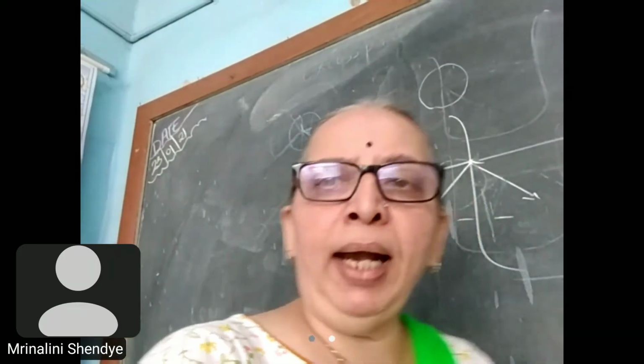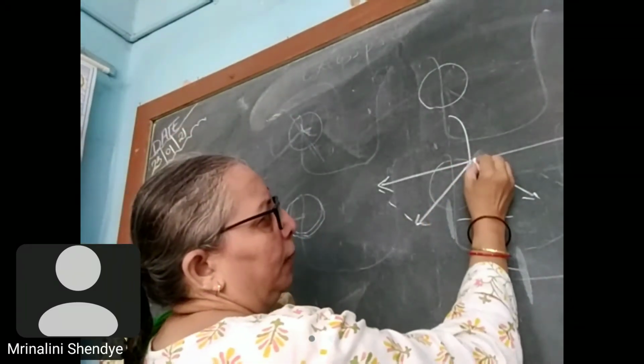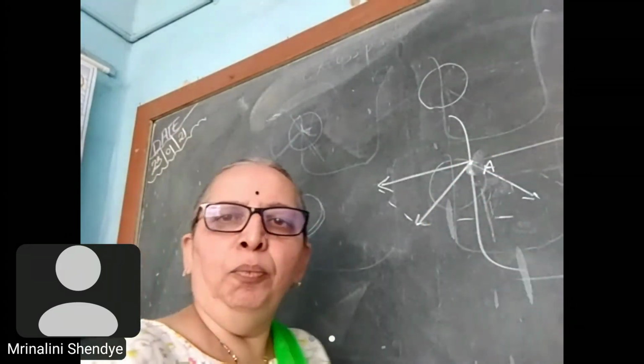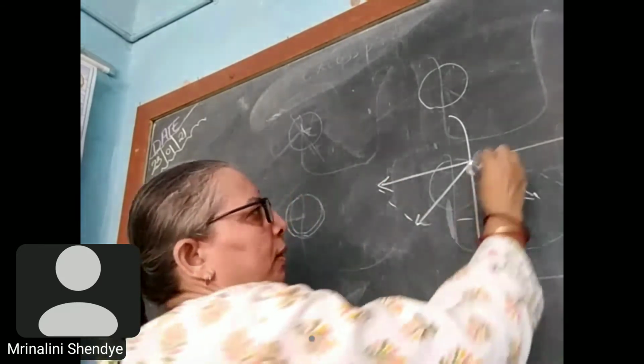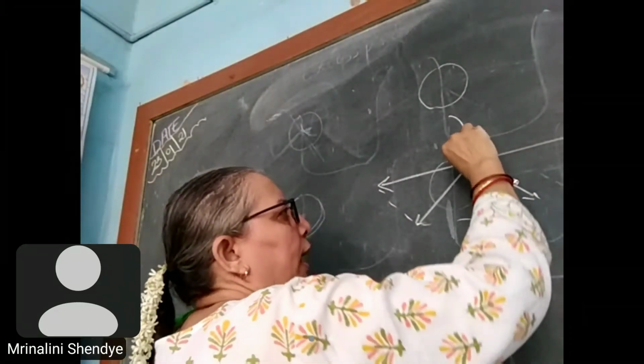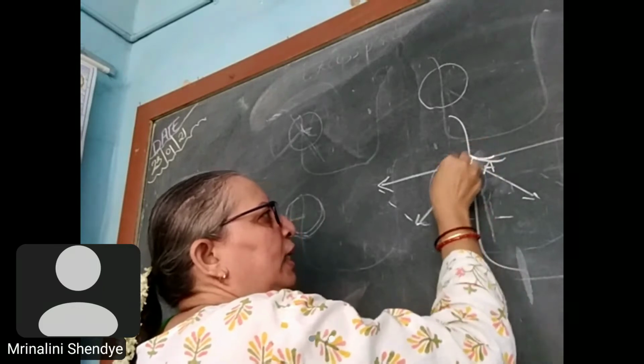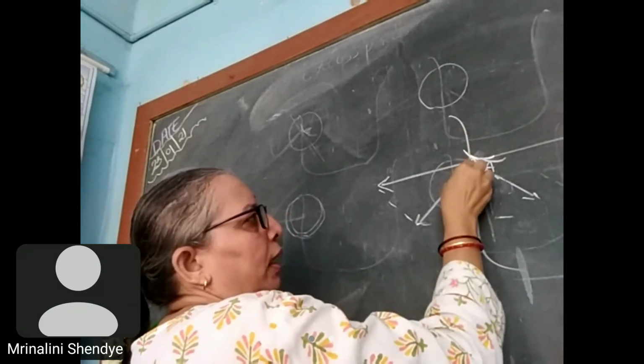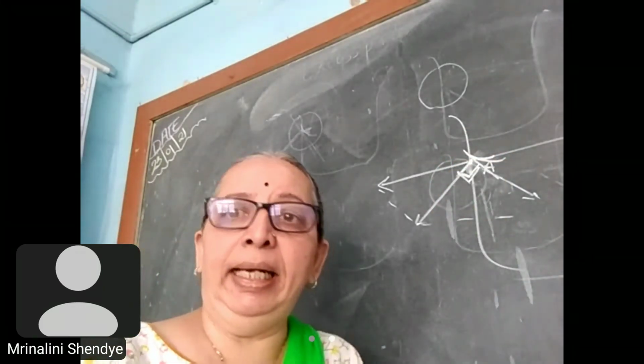So what will happen? To have the tangential, the molecule like A moves a little up and it forms the concave shape, so that at this point it will make a 90 degree angle.